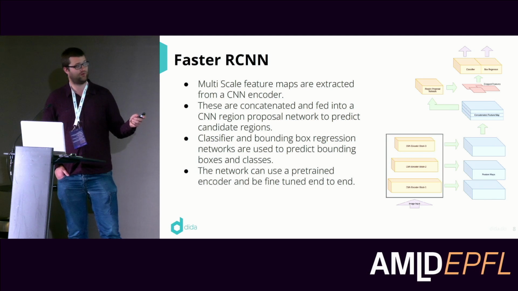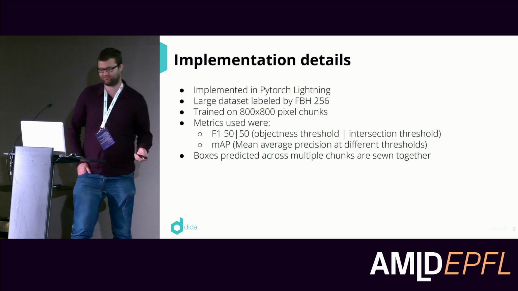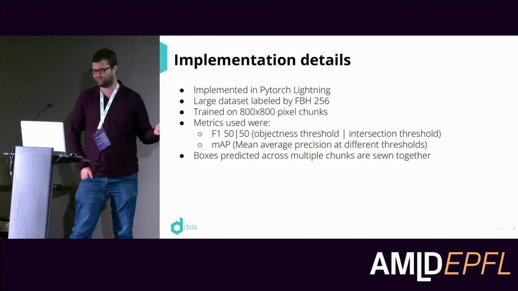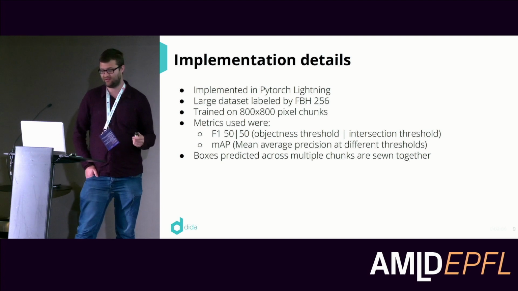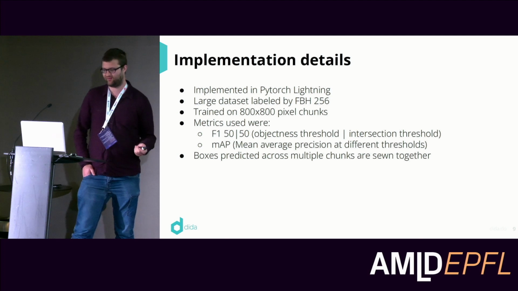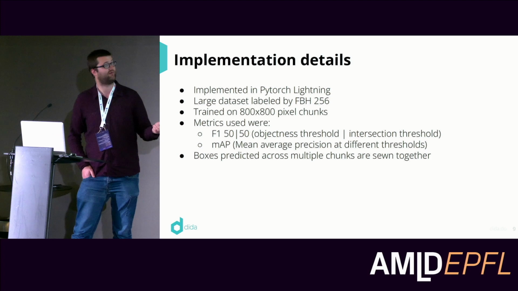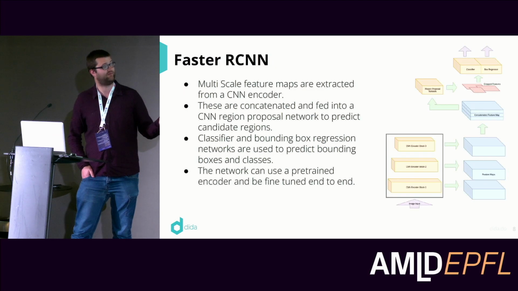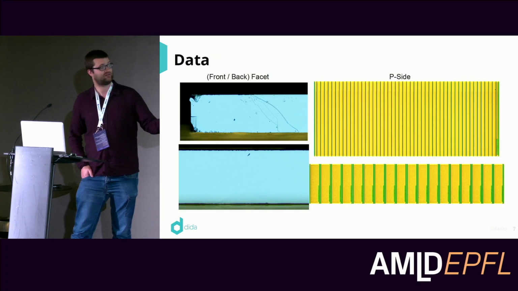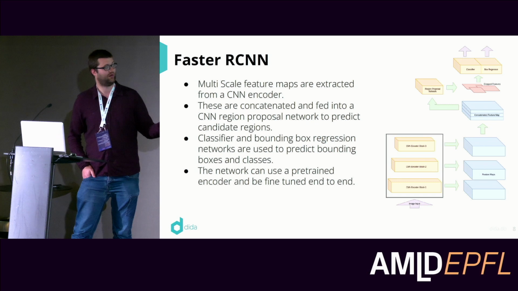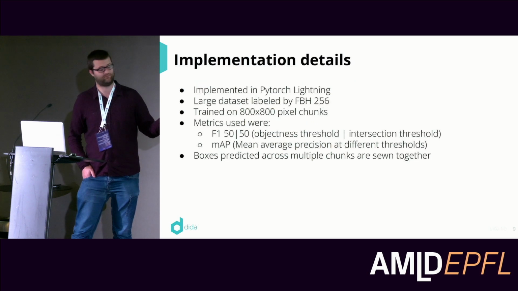Okay, so maybe a brief overview of the training details. We implemented it all in PyTorch Lightning. We have quite a large data set labeled by FBHAR, so we have about 250 of these big images, which is obviously quite a lot of samples, each labeled, and we have a similar amount on the facet, although I don't know the number off the top of my head there.